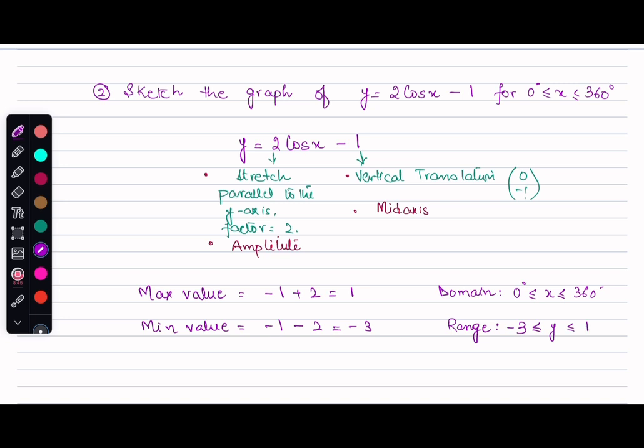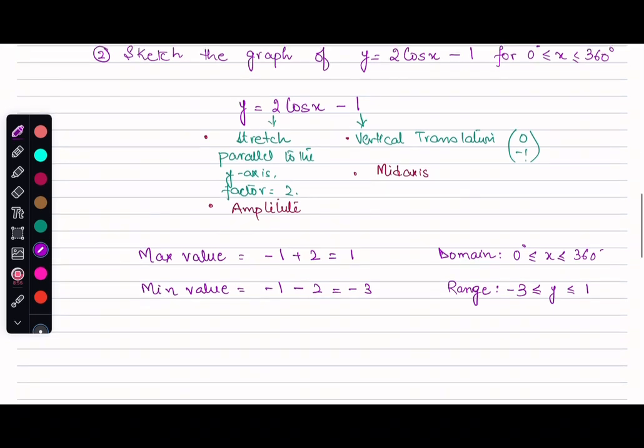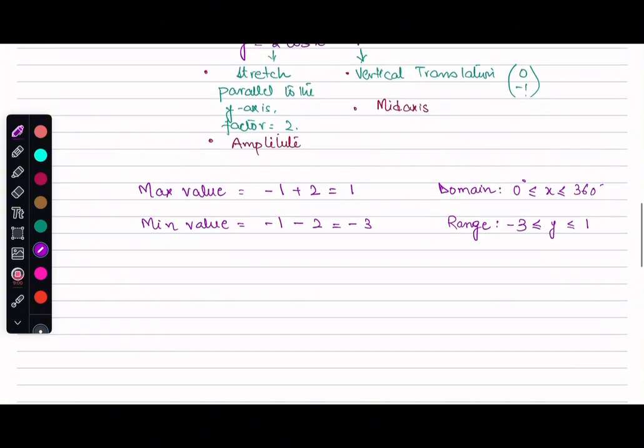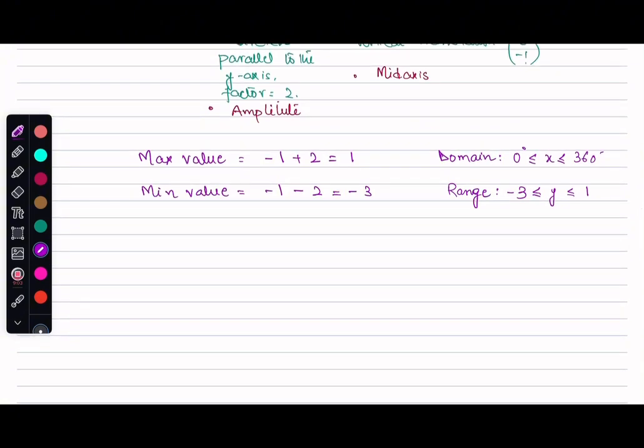So this is going to be the range of the graph here. These are a few things that students should know before even sketching the graph. The mid-axis and the maximum and minimum values are going to be of great help to sketch the graph. How? Let's see that.